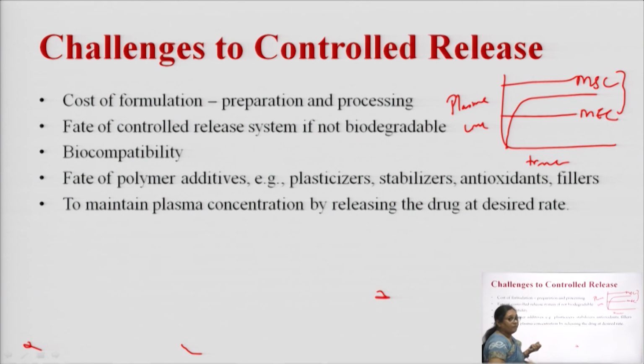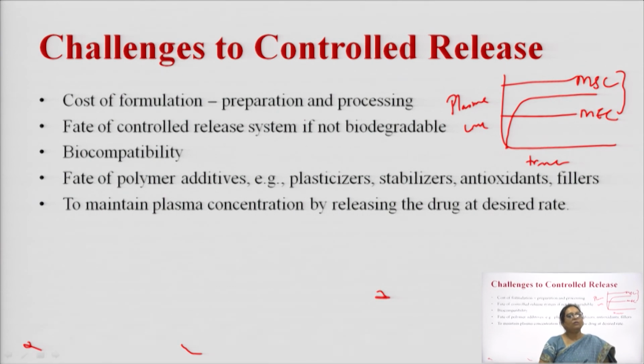So, friends, in this lecture we have discussed several aspects, the concepts of controlled drug delivery, where we have tried to differentiate between a controlled drug delivery system and a conventional drug delivery system.